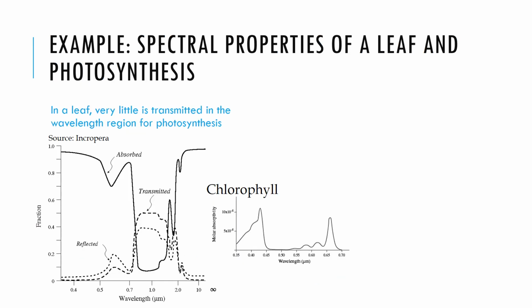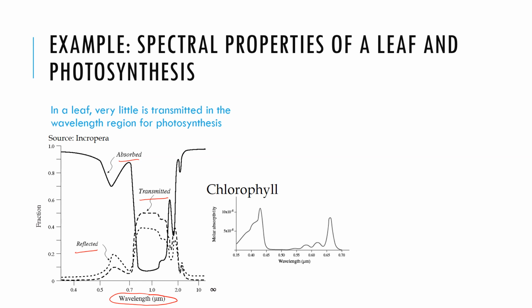I'm going to now share examples from the biological and environmental applications. The first one is an example of all three properties, reflected, absorbed, and transmitted fractions, or reflectivity, absorptivity, and transmissivity, varying with wavelength for a leaf. This is a corn leaf.